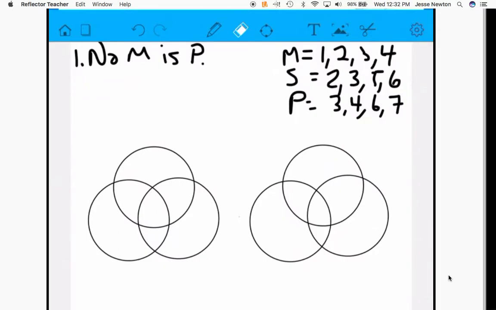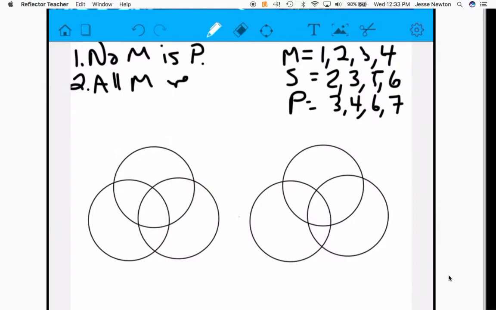Number 2, all M are S, and then 3, all S are P. What I want you to do is just pause the video lecture here and see if you can determine whether this is valid or invalid. So go ahead and pause it and work on that.